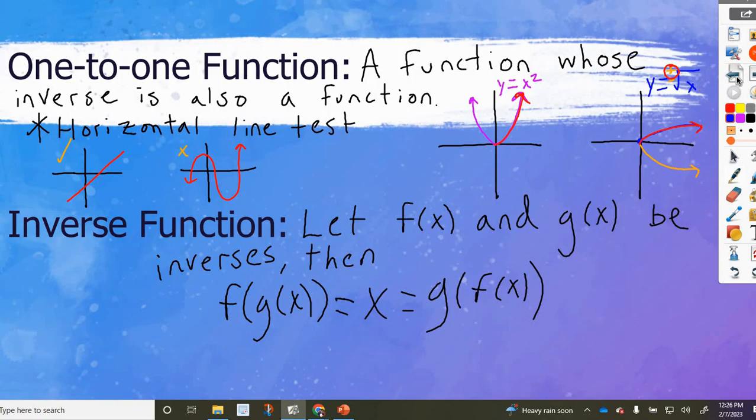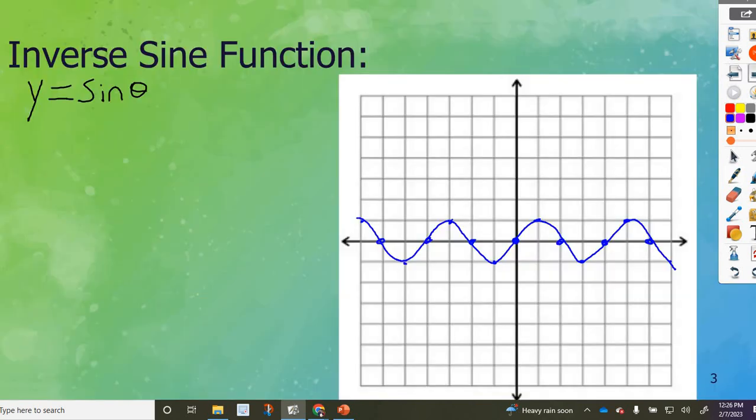So we're going to do something similar to what we did with our x squared graph. We're going to restrict this so that I only use a portion of the graph. Okay? So I still want to hit all of my y values. So I still want to go from -1 to 1. But notice that if I go from like 0 to 3 pi over 2, it's also not going to pass my horizontal line test.